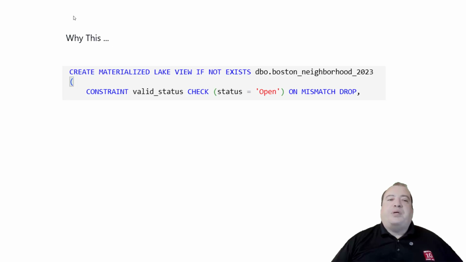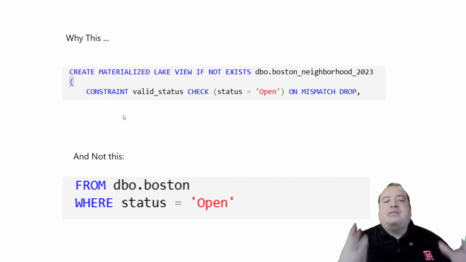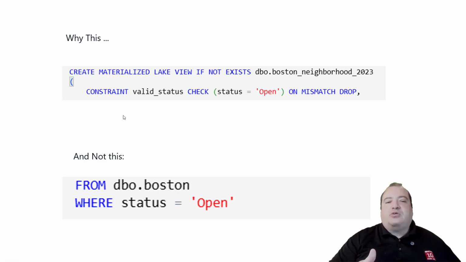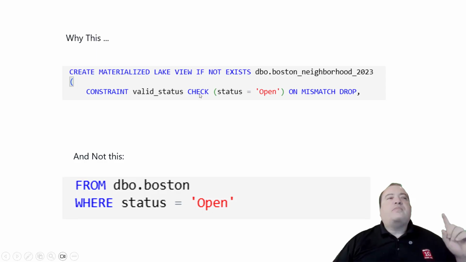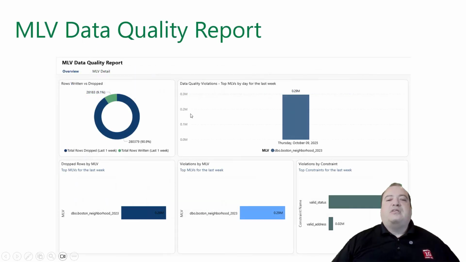And one pending question is why we would prefer this code using a constraint in a Materialized Lake View instead of this code, a simple where clause in the query of the Materialized View. Why is the constraint better? There is a reason. Using the constraint, we can create a data quality report based on the Materialized View.